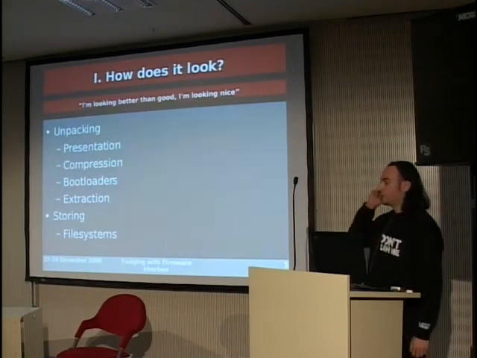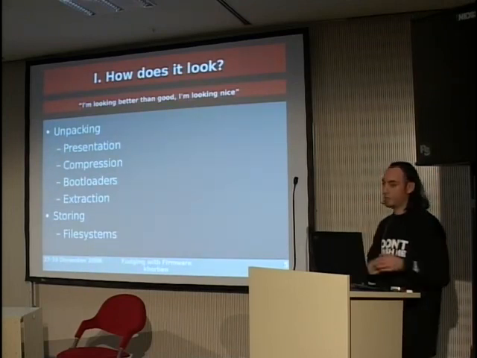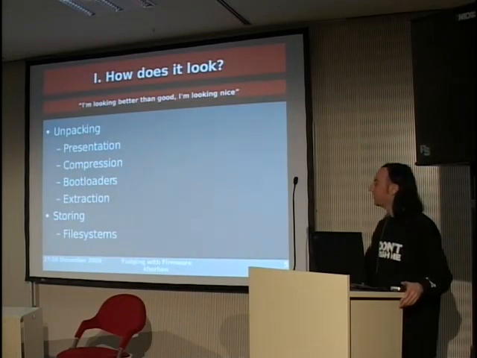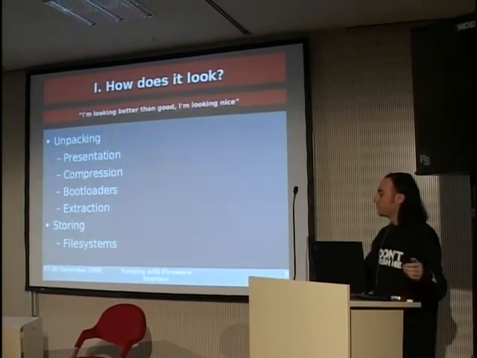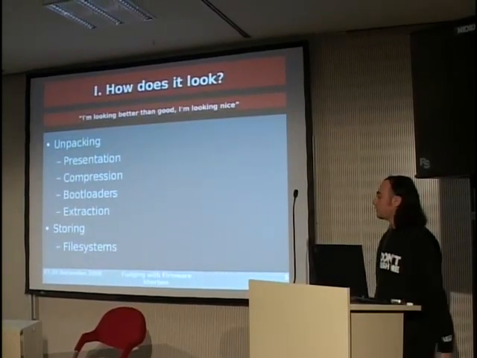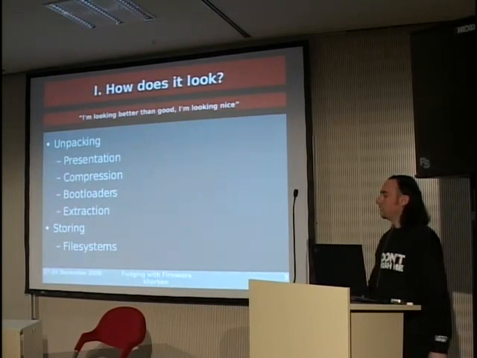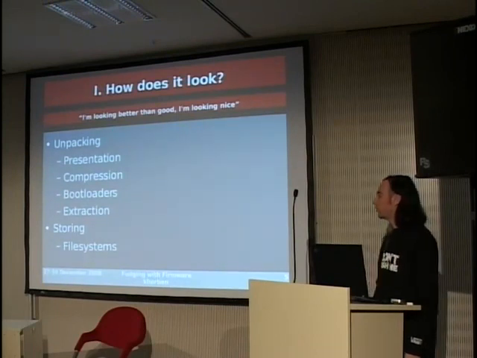What I mean is, the same data can be represented in an infinite number of different ways, which I call here presentation, just like your regular network ISO layer model. And it can be as well compressed and otherwise packed in any way, such as via a bootloader or any compression algorithm that's doing the job.